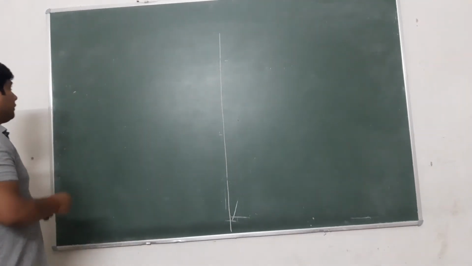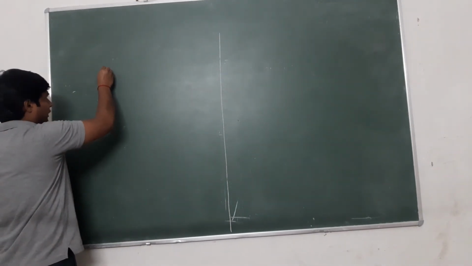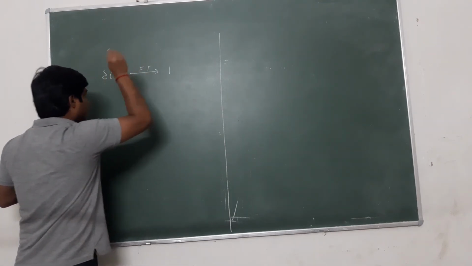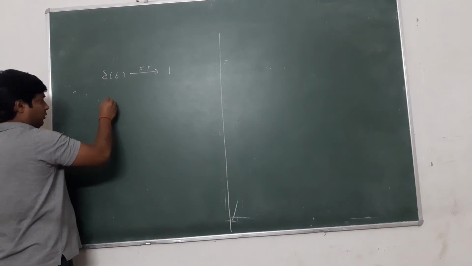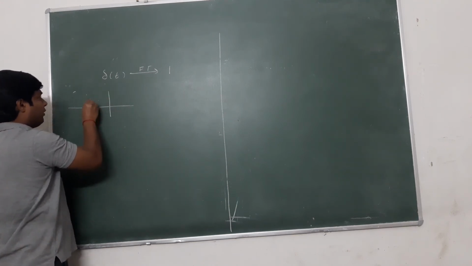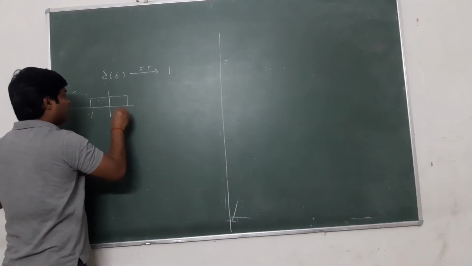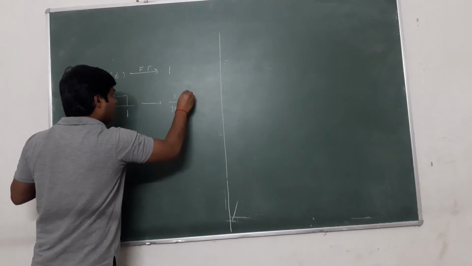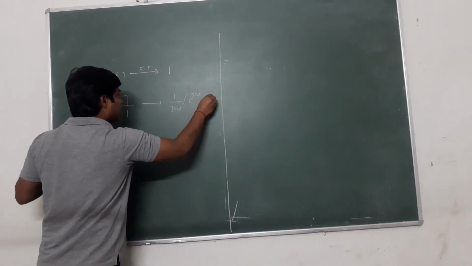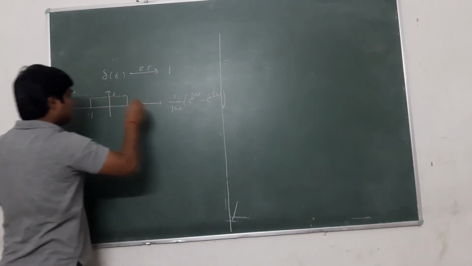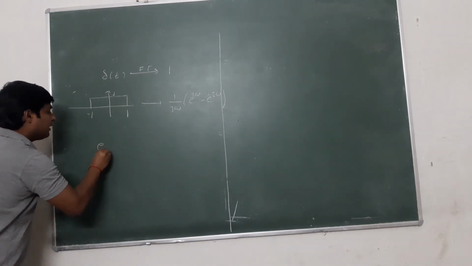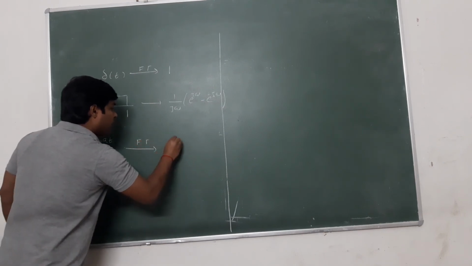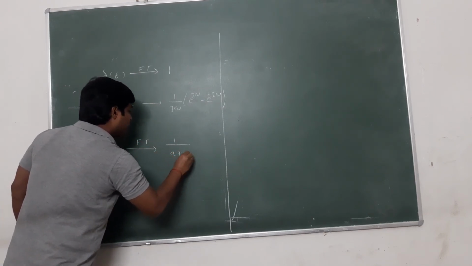The Fourier transform of delta t is 1, the Fourier transform of the finite signal from minus 1 to 1 is 1 upon j omega times (e to the power j omega minus e to the power minus j omega), and the Fourier transform of e to the power minus at is 1 upon a plus j omega.